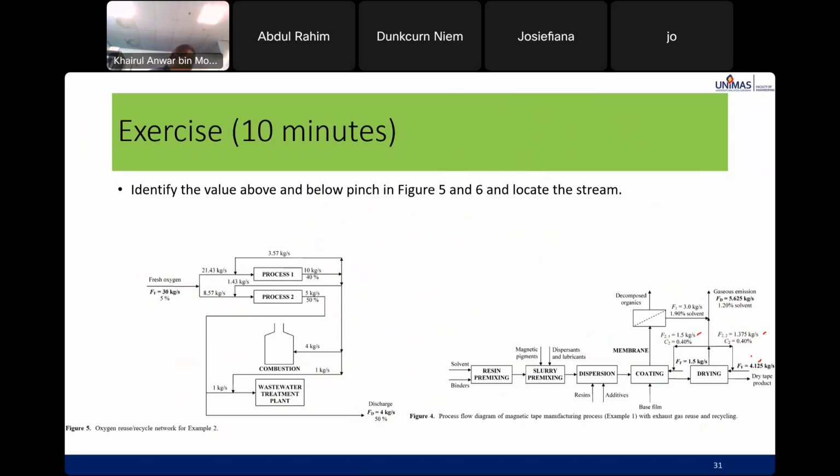It's actually equal to 5.5. So this stream is actually 5.5.